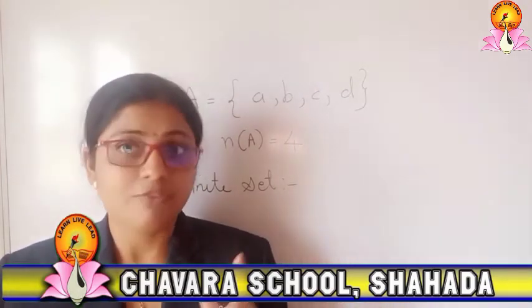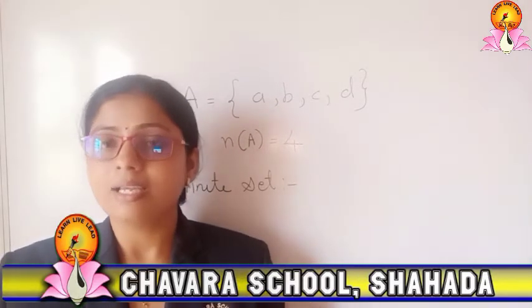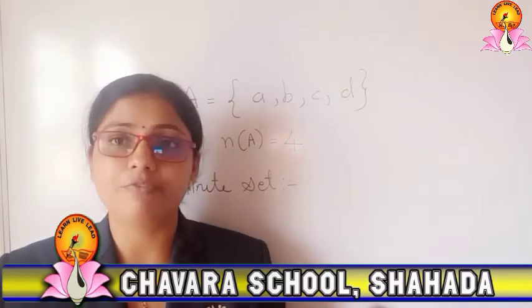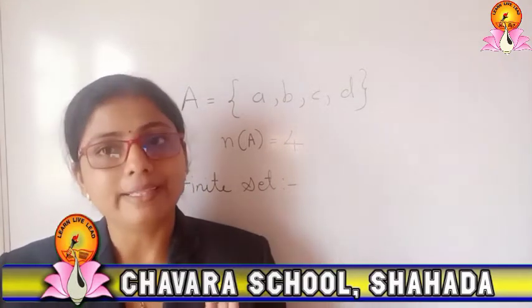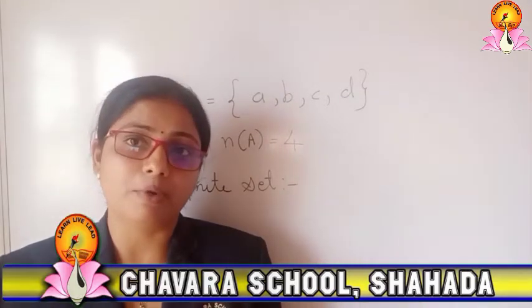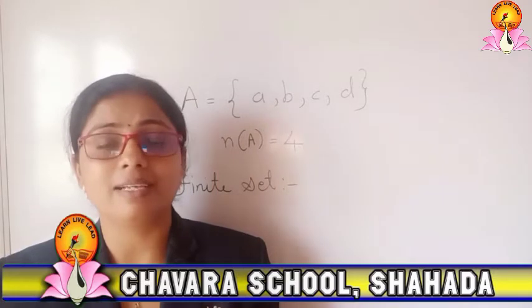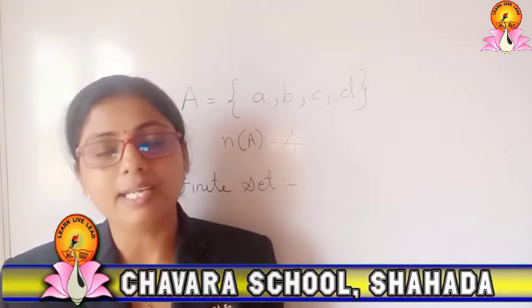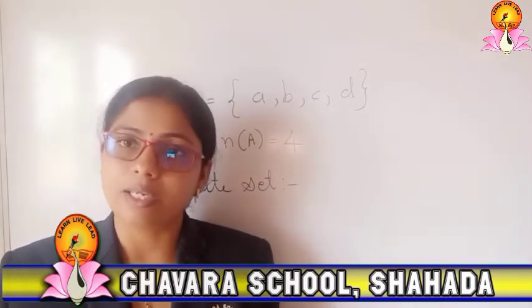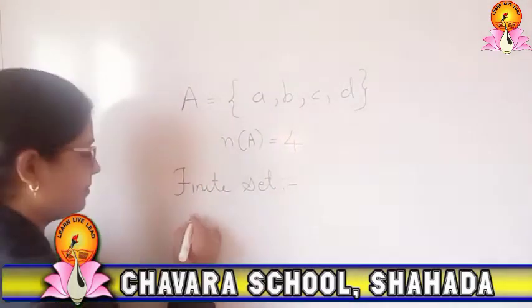It is a finite set. There is a limitation, so you will directly say 50 teachers in Chavra school. So in this way, if you know the number properly, that is, if there is a limitation to the elements present in the set, that is known as a finite set. Then next is the infinite set.